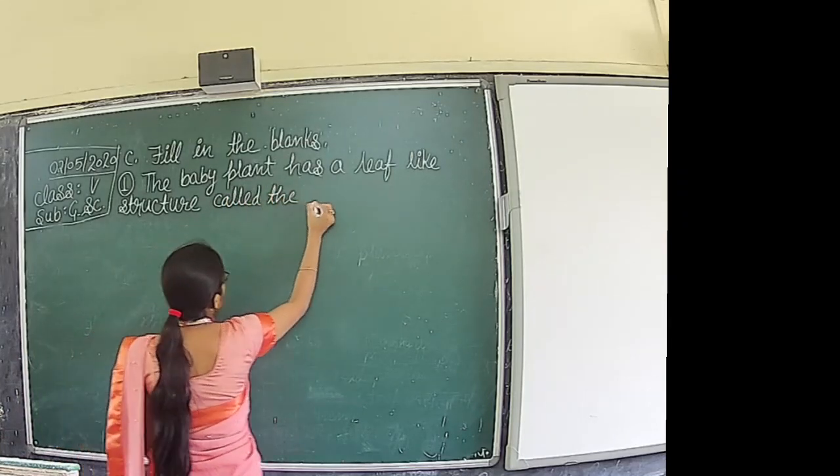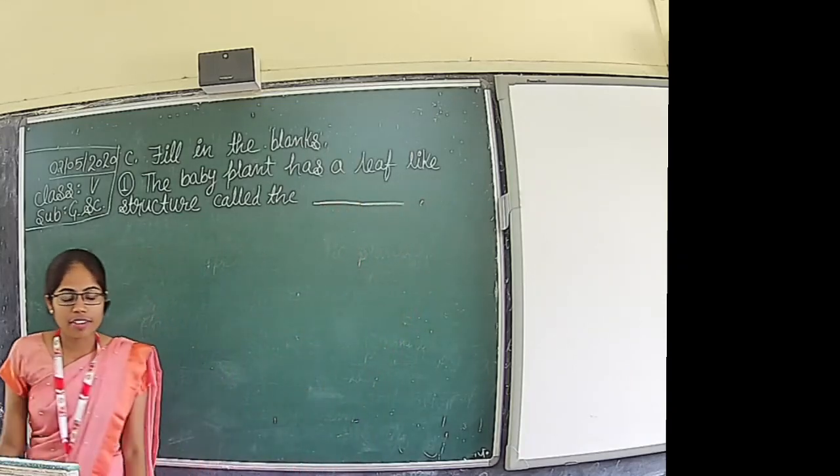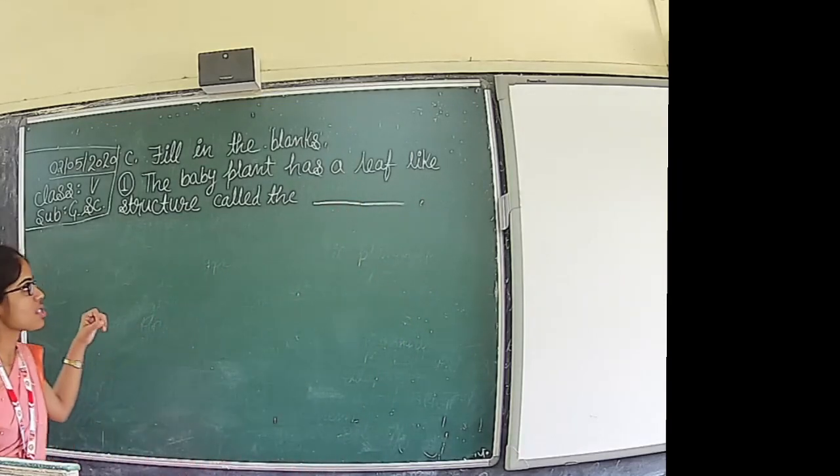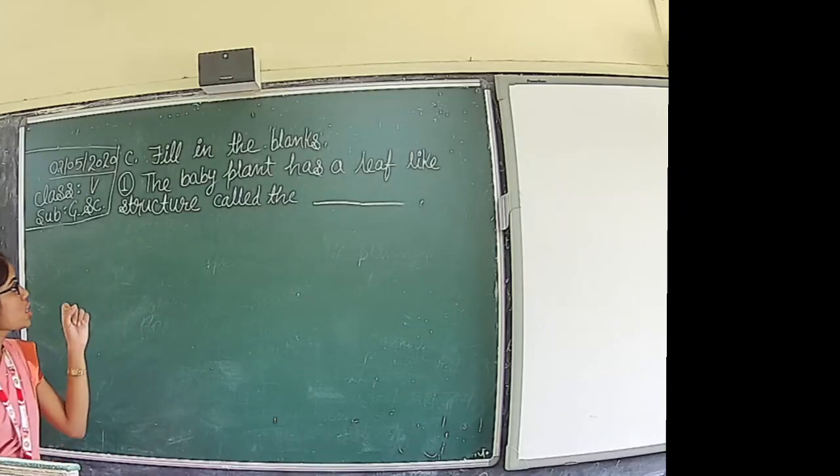Now we have to fill in the blank and write the answer for this question. The baby plant has a leaf-like structure called the.